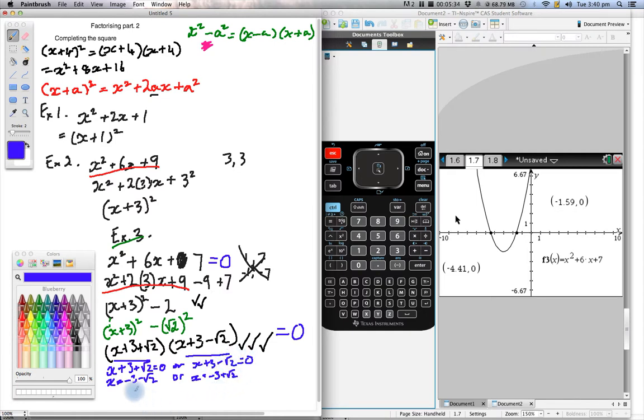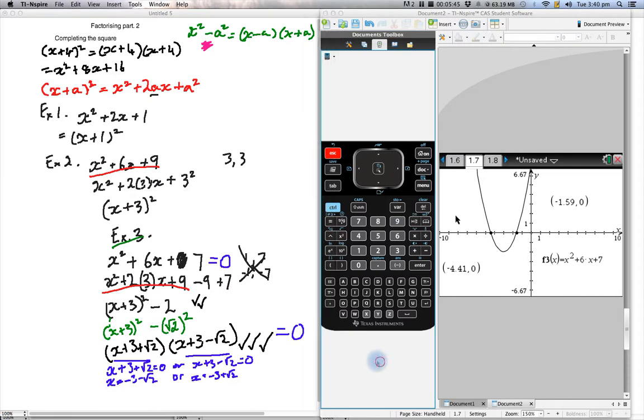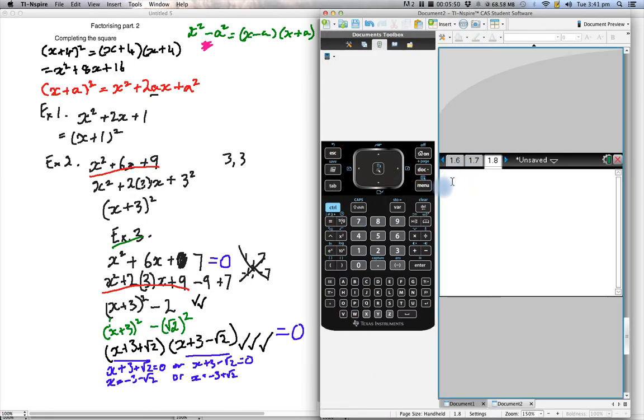So let's see what these two values are, and hopefully what they are is over here, minus 4.41 and minus 1.59. Let's see if that's true. Let's do this in a calculator page and just find out what minus 3 minus root 2 is. I want the inexact answer, please.